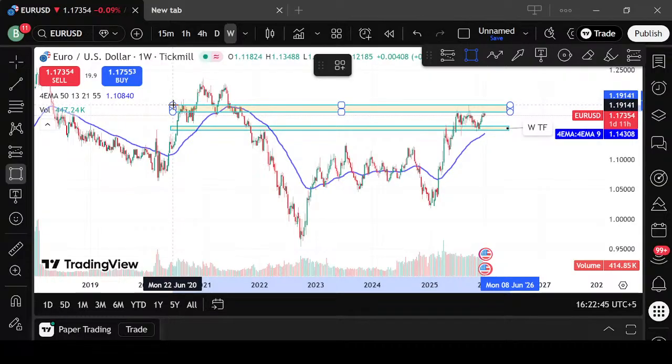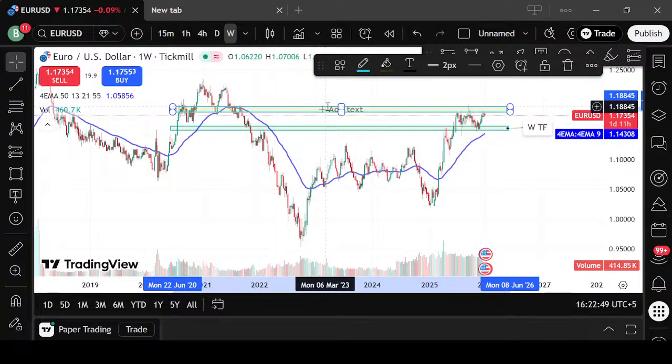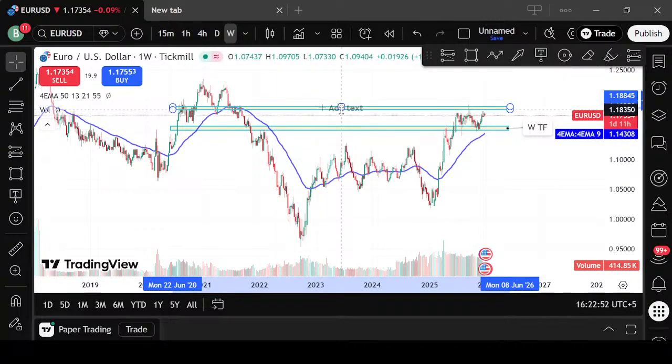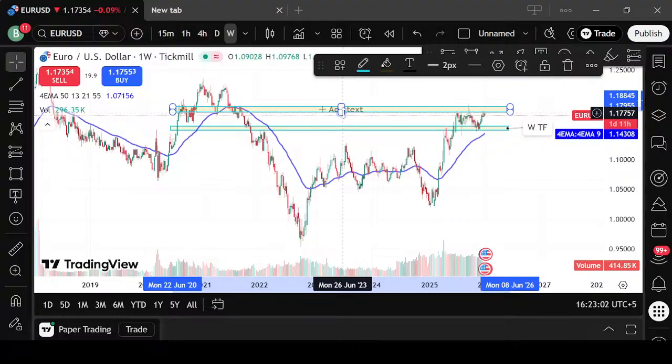If it breaks above, then we will mark another resistance. But right now, we should focus on the market conditions.